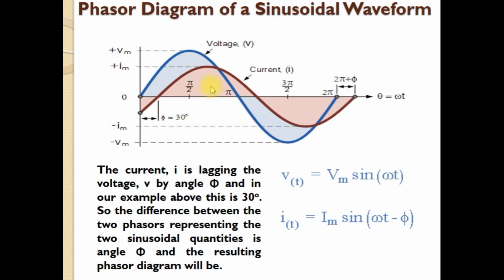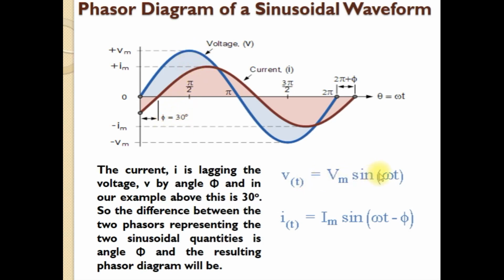And if you consider this as the reference waveform, you can see that this waveform has attained its maximum value before this one attains its maximum value. That means this waveform is leading with respect to this by a certain angle corresponding to phi equal to 30 degree.